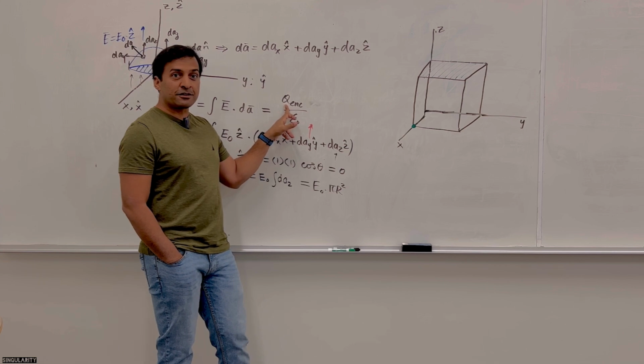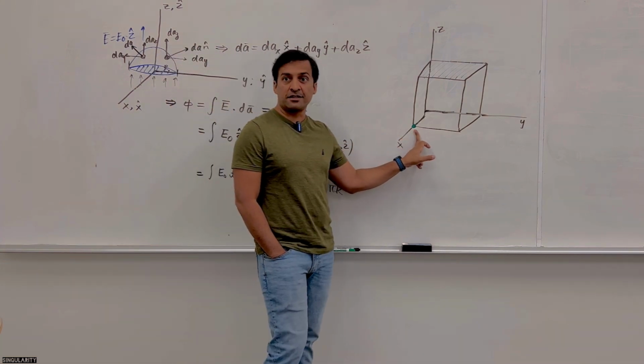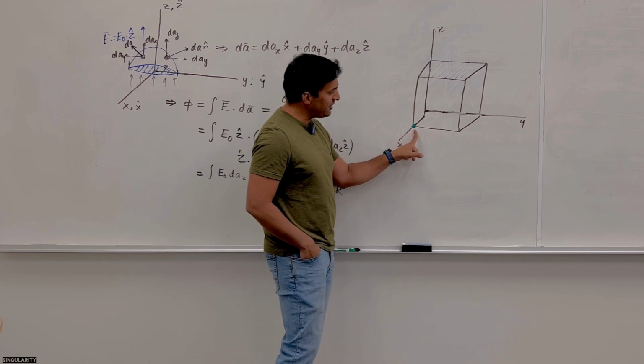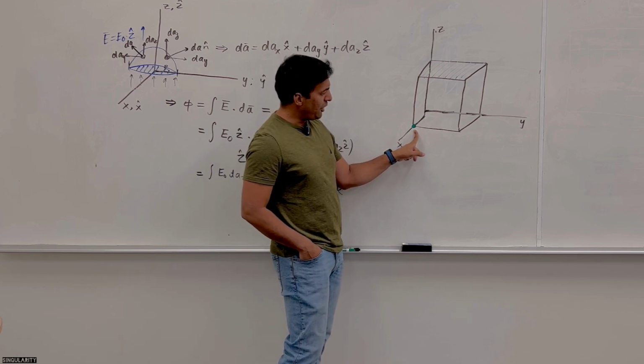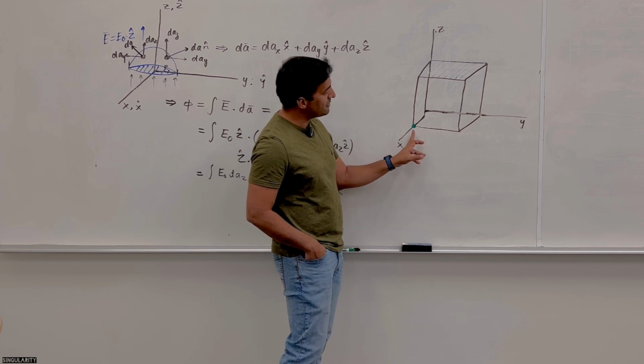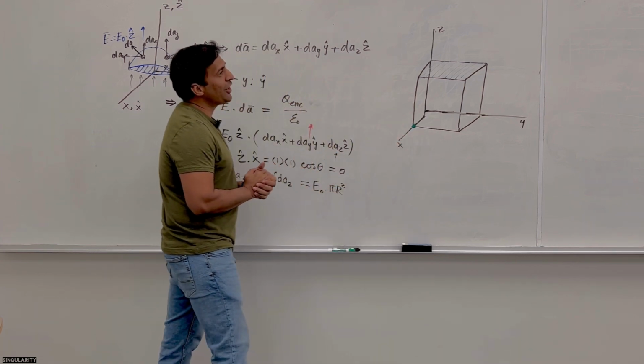So we are going to look at Q enclosed. This charge is not entirely enclosed inside this cube. So let's say we add, so can you tell me how many other boxes? But okay, yes.